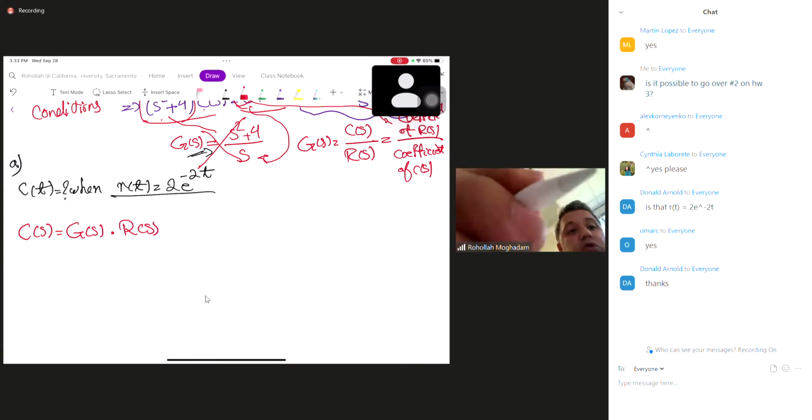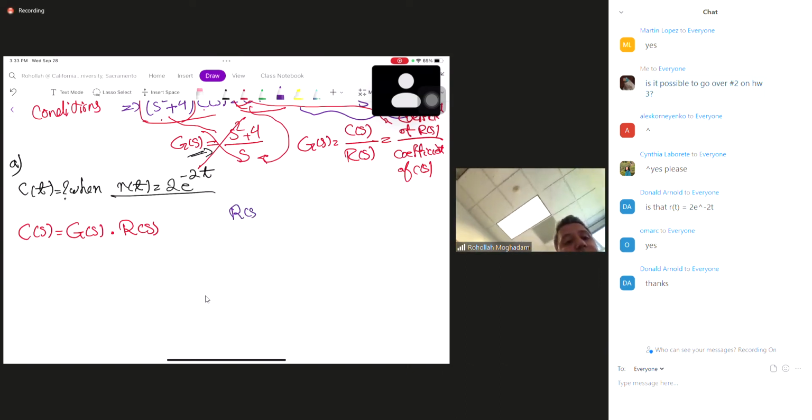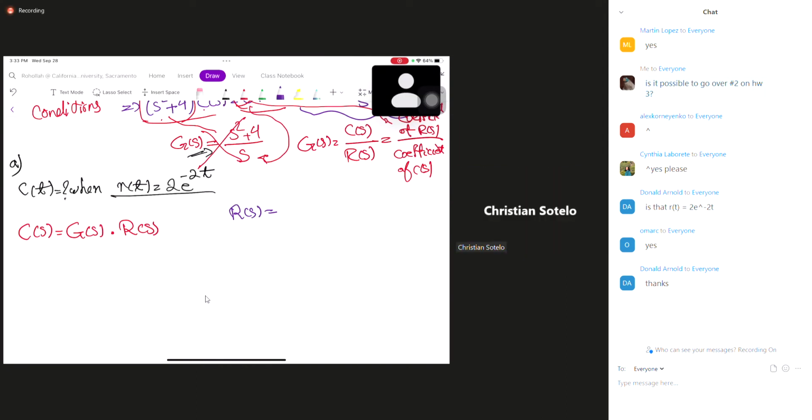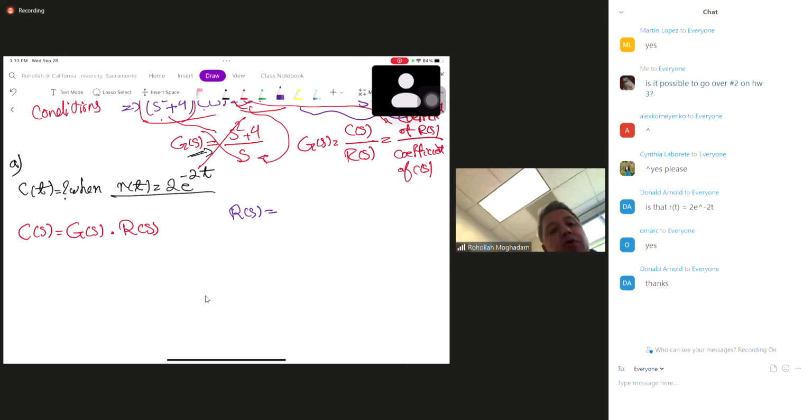So for this problem, you need to find R of s. Can anyone tell me what R of s is? Is it 2 over s plus 2? Perfect. This is 2 over s plus 2, which is correct.